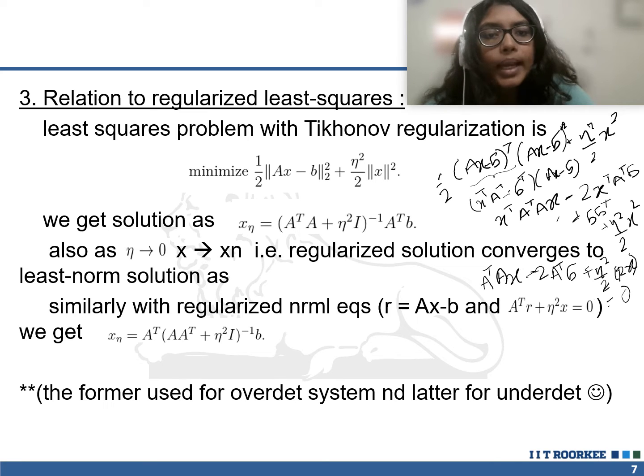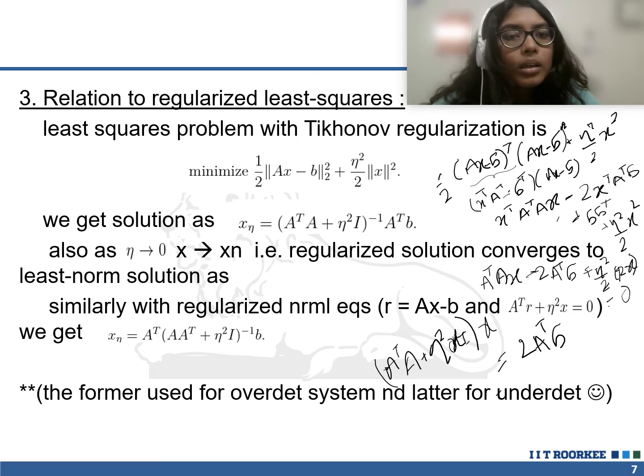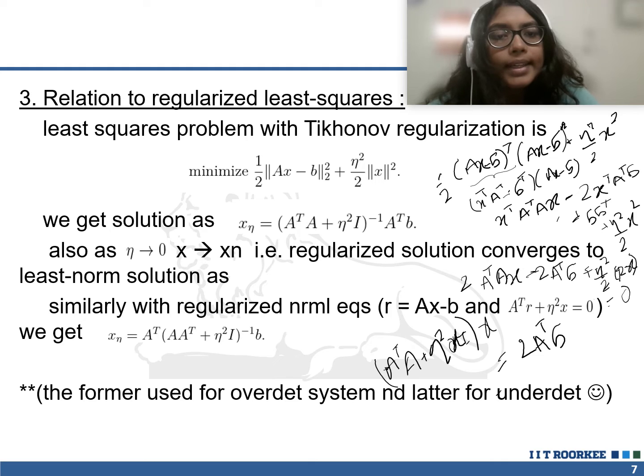Let me check: the derivative of x transpose A transpose Ax is 2 A transpose Ax, right? And for the last term, it will be η²/2 into 2x, so η²x. Here the 2s get cancelled. We'll get (A transpose A plus η²I) x equal to A transpose b.